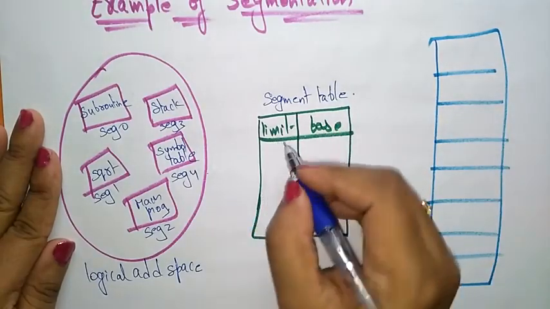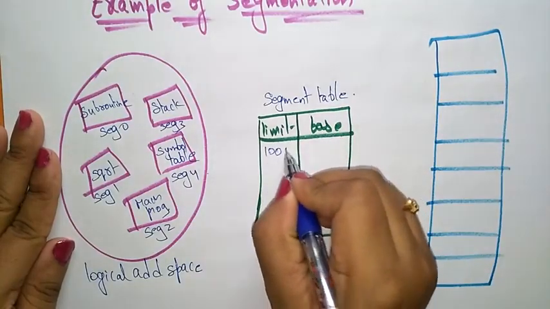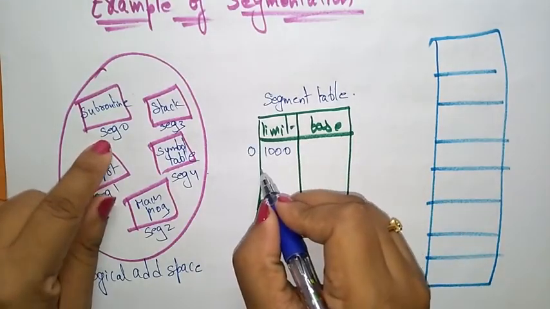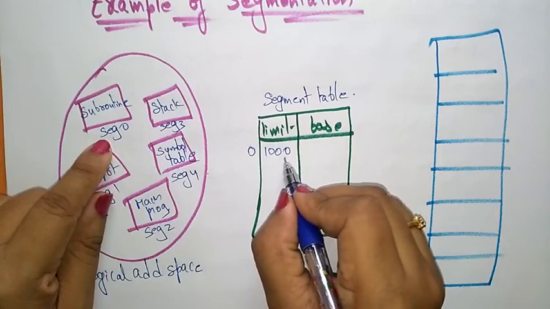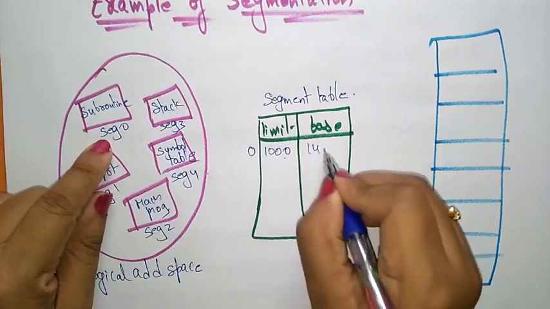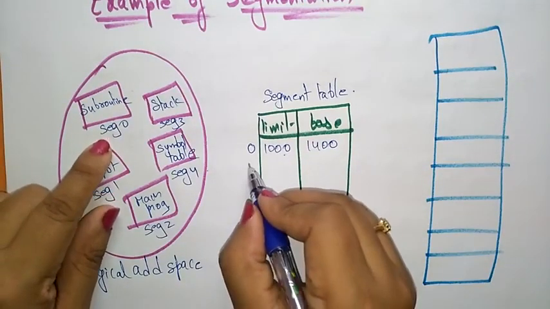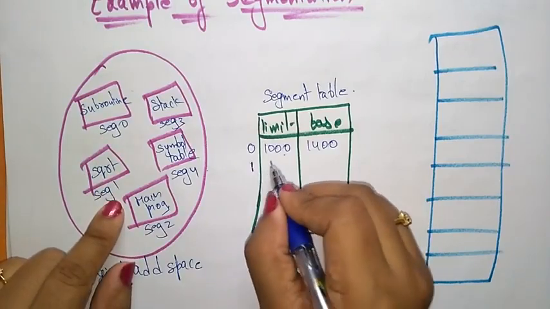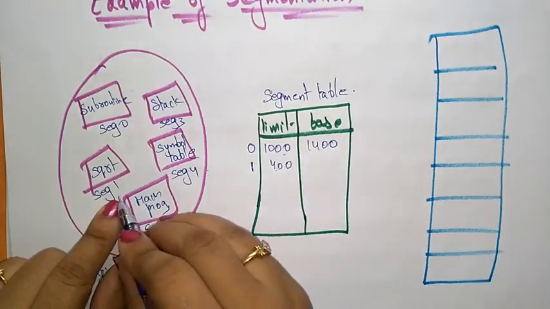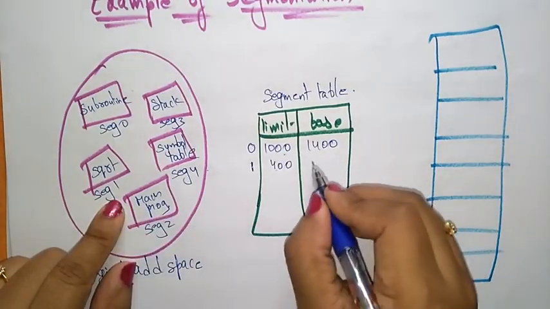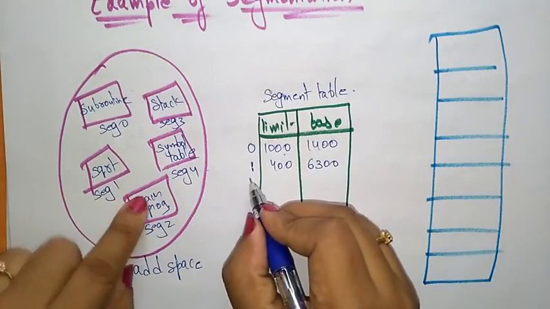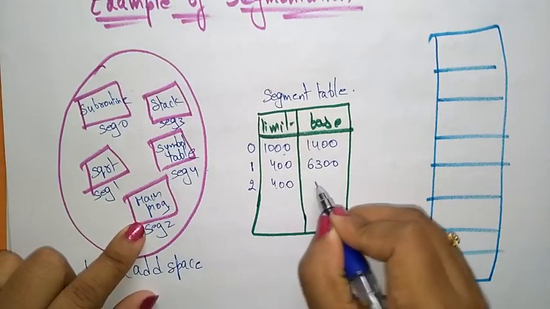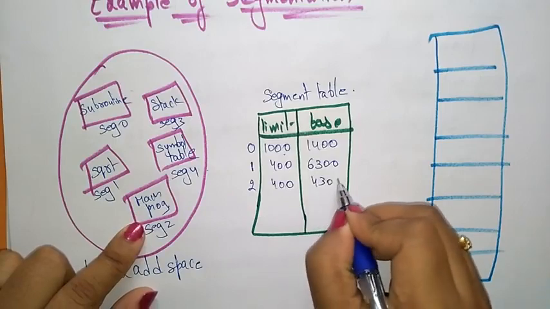Suppose the length of segment 0 is 1000 and the base address, the starting address, is 1400. For the next, the segment square root, the length is 400 and the starting physical address is 6300. The segment 2 limit is 400 and the starting address is 4300.